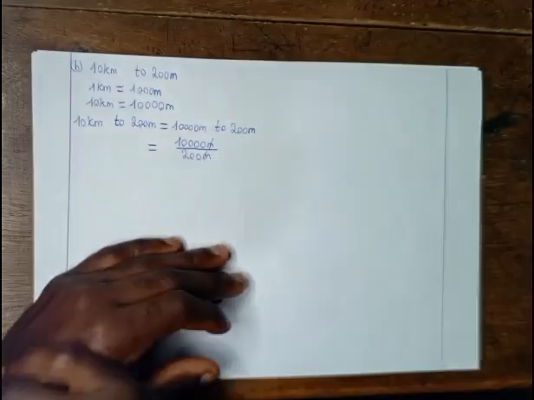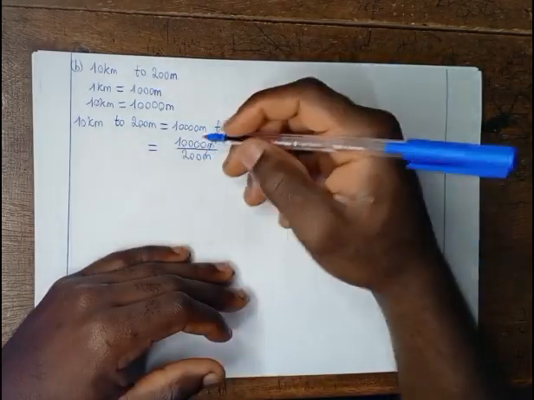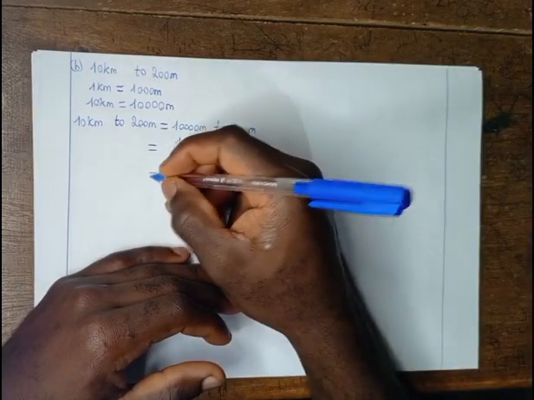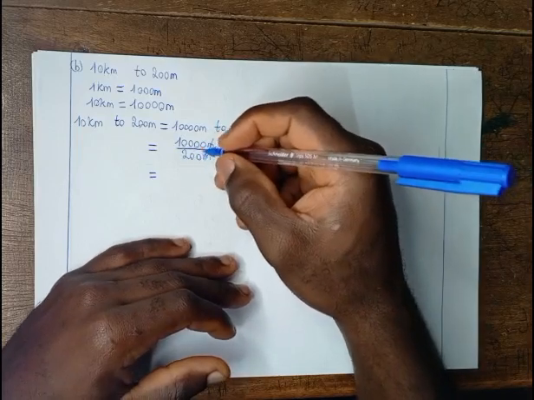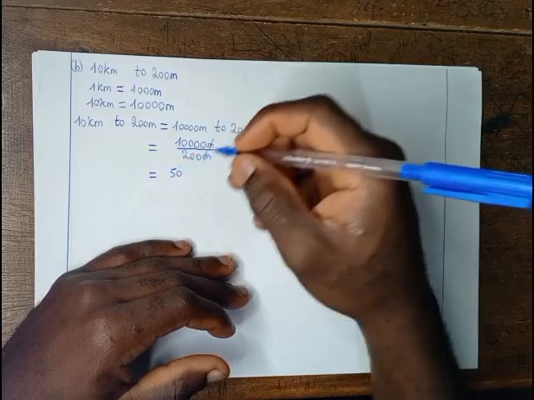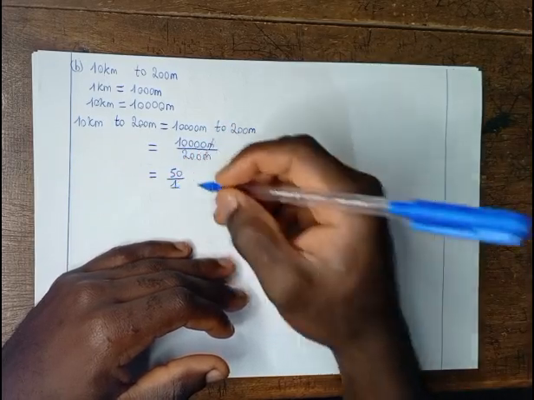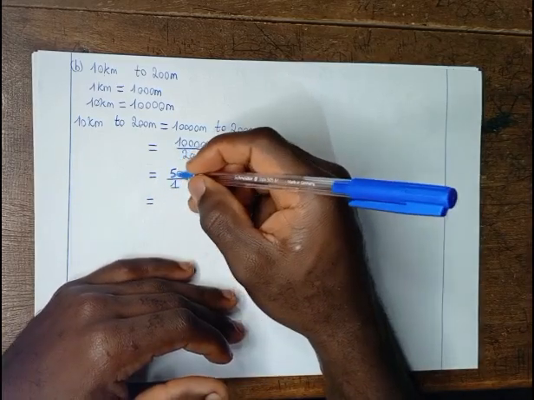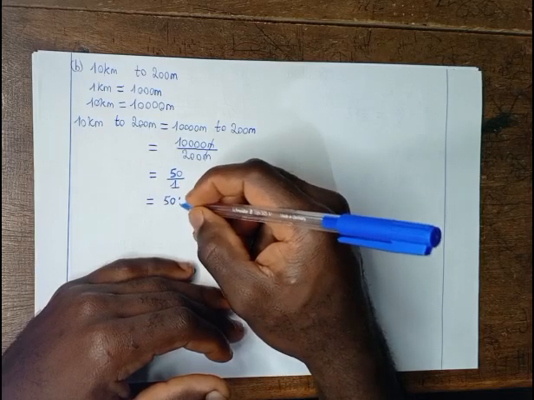The meters will cancel. We know that we divide 10,000 by 200. This will simply give us 50 over 200 divided by 200 gives us 1. We're expressing this now in the ratio form. This will give us 50 is to 1.